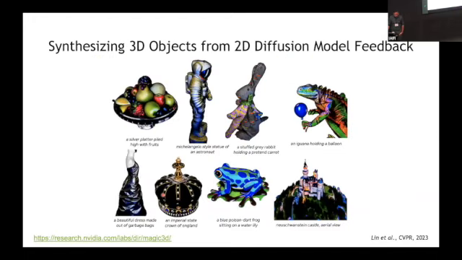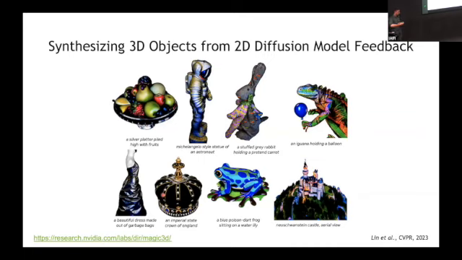You can also, if you're given a 2D diffusion model that generates images, distill 3D objects from that. That is also kind of an interesting concept. You have some parameterization of a 3D object through a neural network, like a neural radiance field, for those of you familiar with this. Then you render this from different perspectives and give your rendering to a 2D diffusion model, which now tells you how likely the rendering is under the diffusion model.